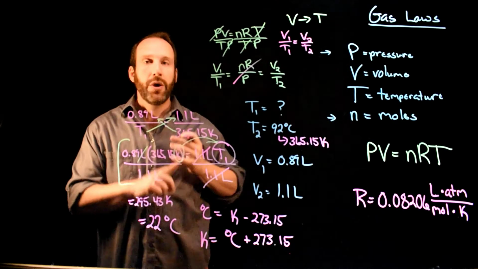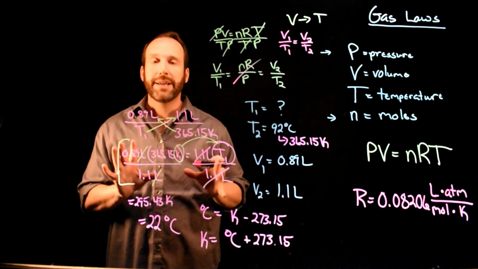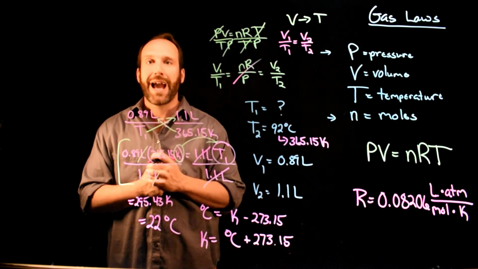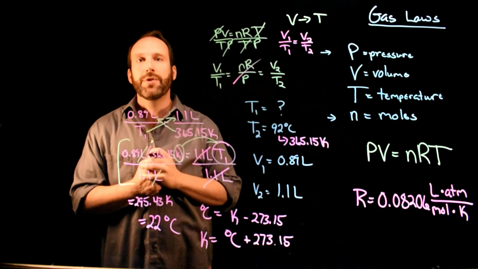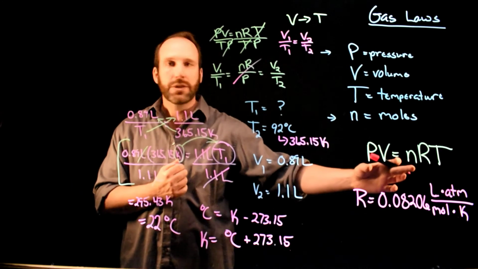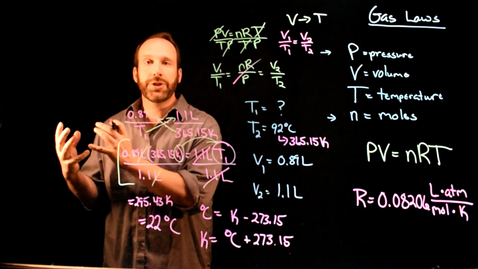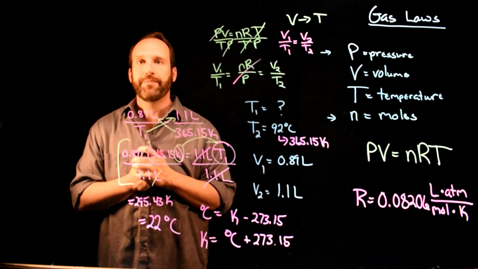If you know them, or you have a list of them, you have a sense of how to use them based on the problems. If you can't remember the particular gas law that you need, you can always use this strategy that we put together, right? Where you take the ideal gas law, you put the things that are changing on one side of the equation and the things that are staying constant on the other side of the equation, right?